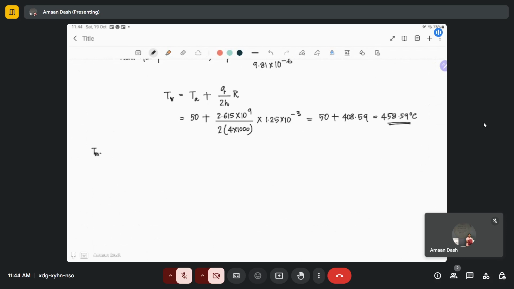So you can write T max, which is nothing but the temperature at the center, equal to TA plus Q by 2H times R plus we have Q by 2K times R square.